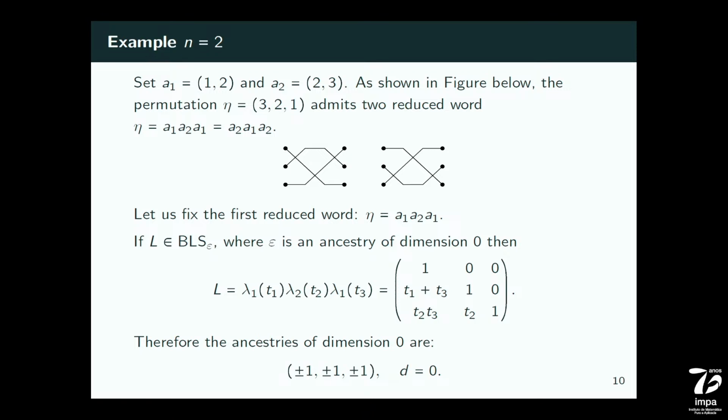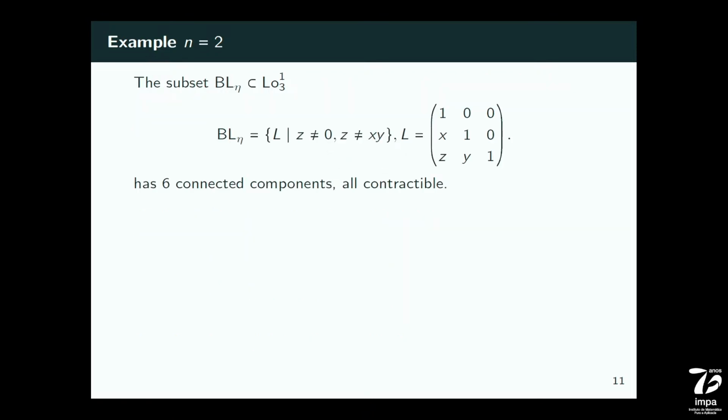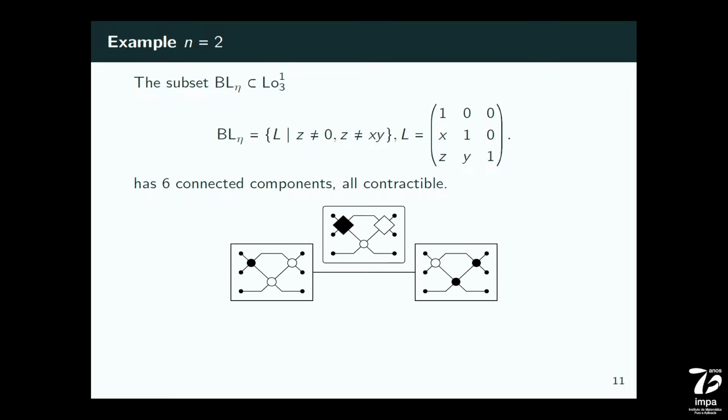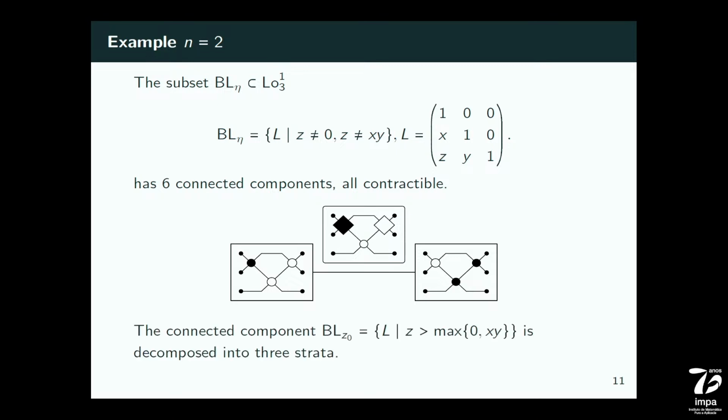It's 8, just for dimension 0. As we already said, these B_L eta are made of matrices with those conditions. Here is one connected component, and here is the stratification of these connected components. Let's look.